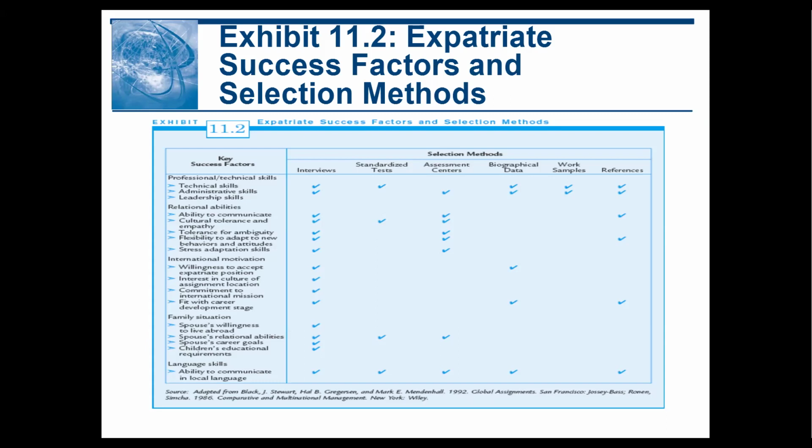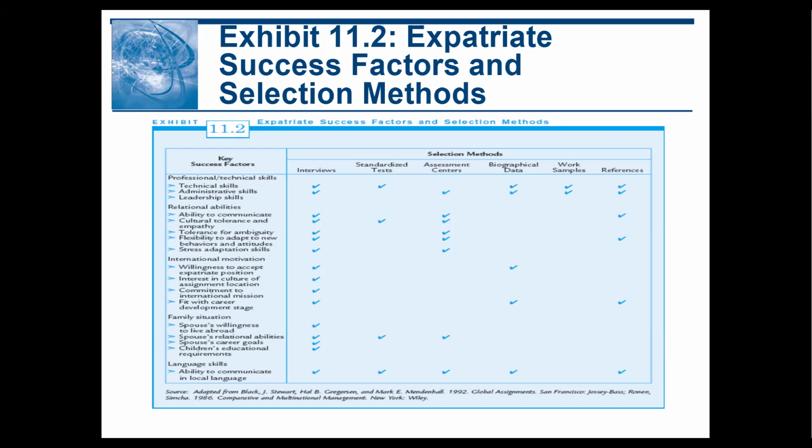Also international motivation: does that person have a good willingness to move from the home country to that host country, to accept new positions and new responsibilities in that location? Is he or she able to develop his career there? Family situation: are the spouse and children able to tolerate the cultural issues over there?